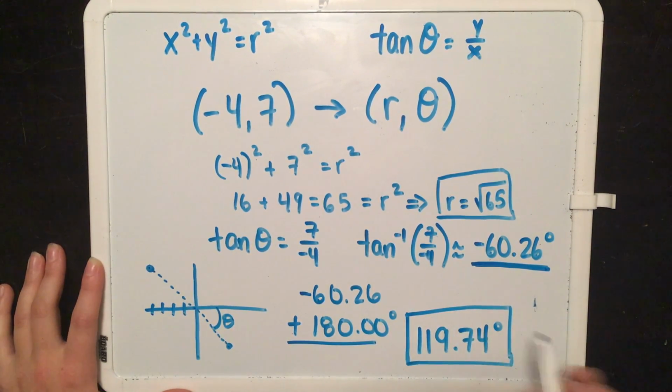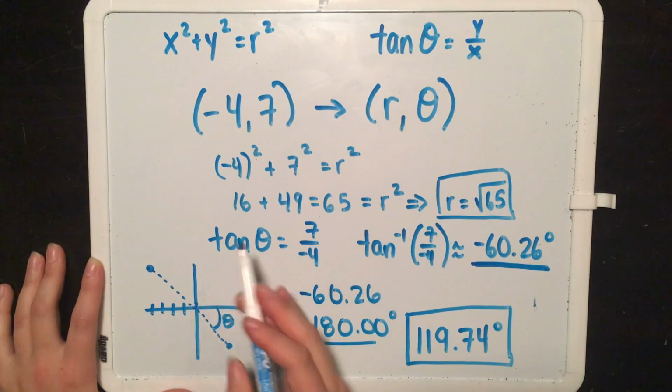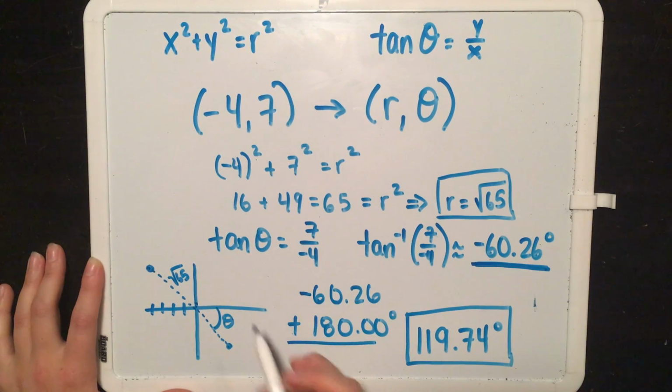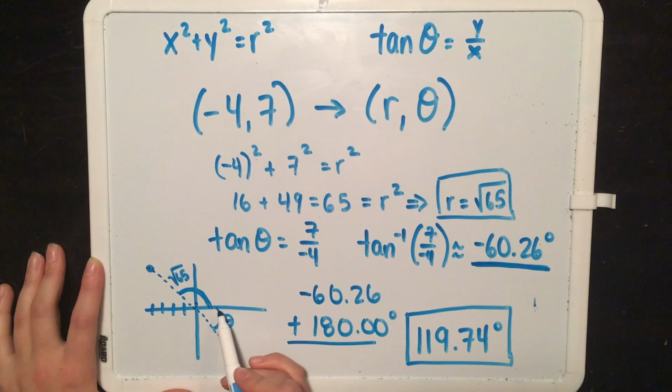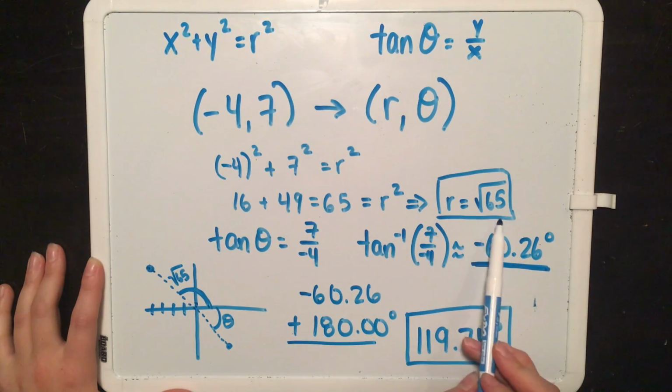And that makes more sense because our r is our distance from the origin, square root of 65, but our theta is 119 degrees from 0, which should fall in the second quadrant. So (-4, 7) converts to square root of 65, 119.74 degrees.